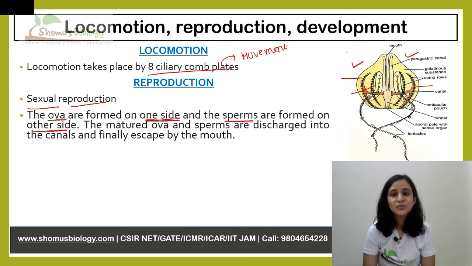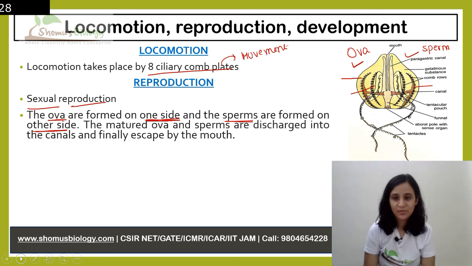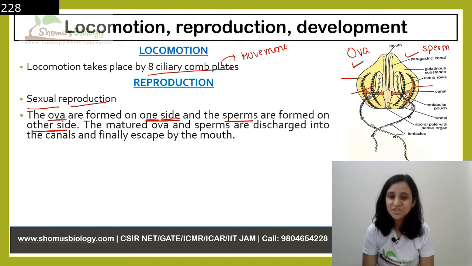Suppose on this side ova are formed and on the other side sperms are formed. The matured ova and sperms are discharged into the canals and finally escape by the mouth.